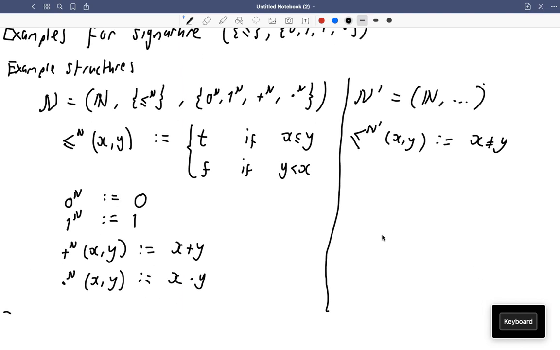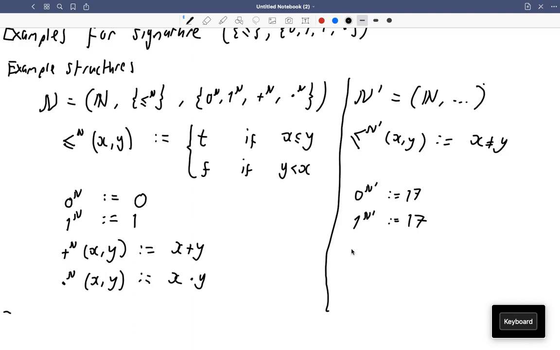Of course, this doesn't satisfy the properties of an order relation, but it doesn't need to. We just have an arbitrary predicate symbol here. So let's make the interpretation of 0 in N' 17. The interpretation of 1 in N', well, I like the number 17, so let's make that 17 as well.